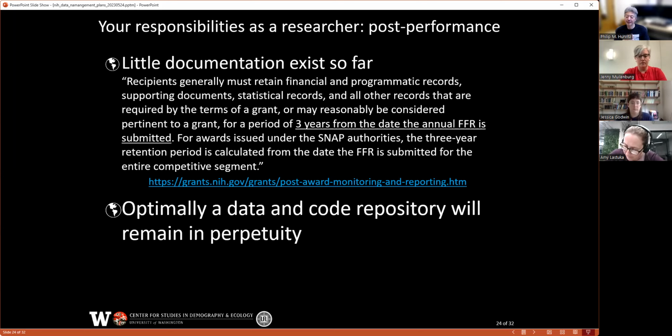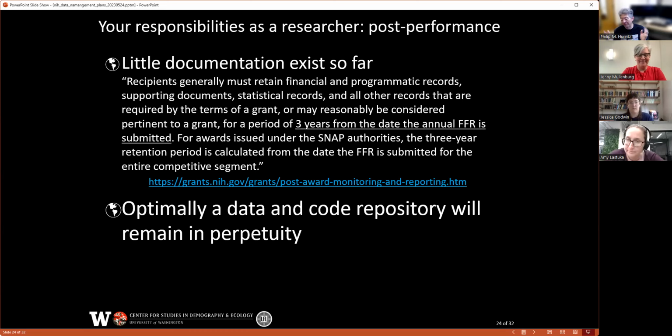Optimally, you would keep your data and code in a repository that remains in perpetuity. Honestly, we talk about that. Jenny, I'm sure that you have more thoughts on that, but is there any data repository that still exists that existed 30 years ago?